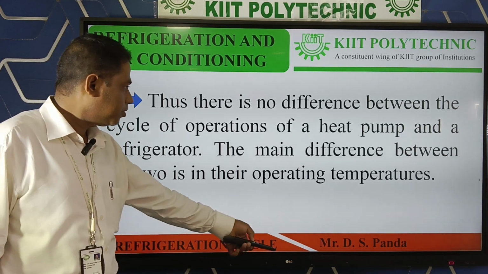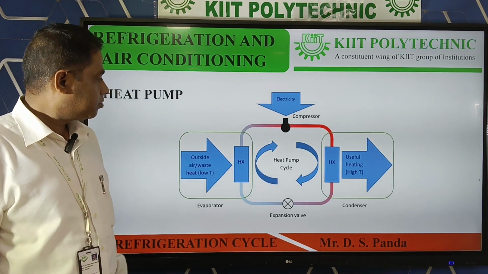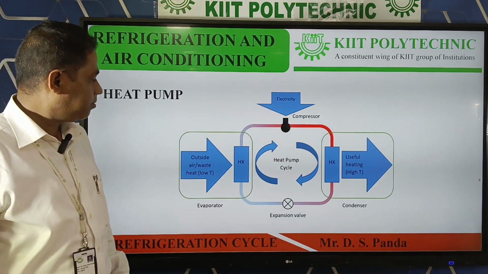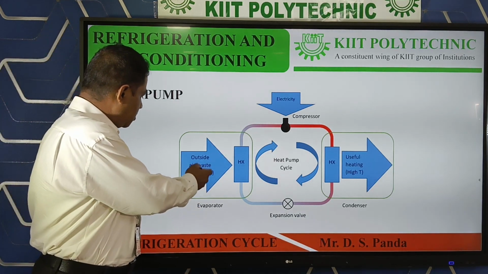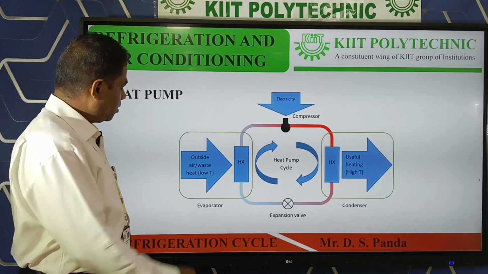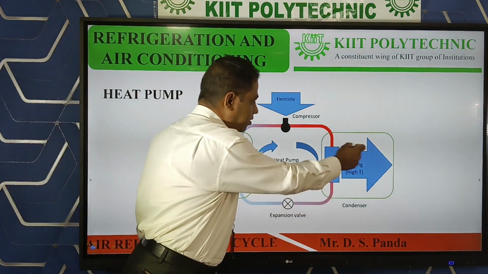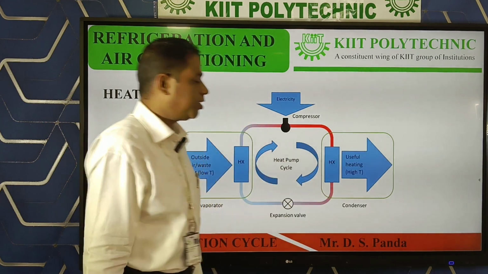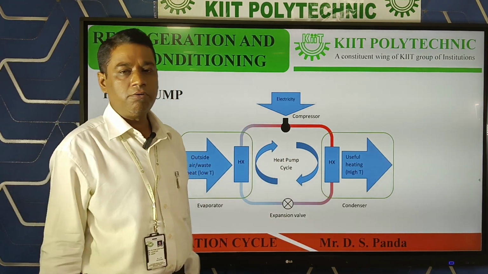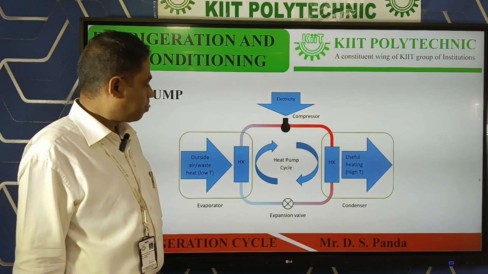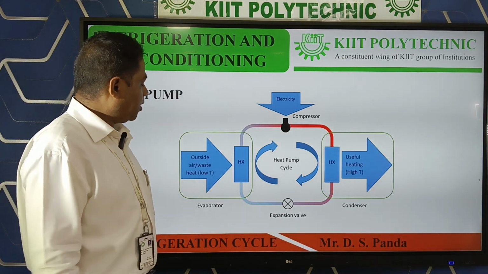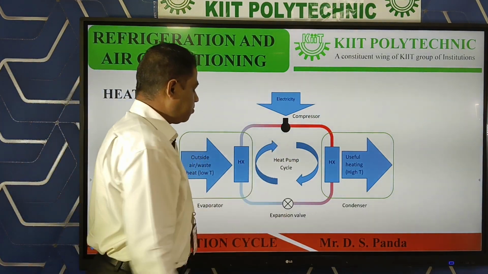So in the heat pump, this is the schematic diagram. Suppose the outside air is a low temperature or cold body, and this one is the useful heating we want to obtain by the application of the heat pump.